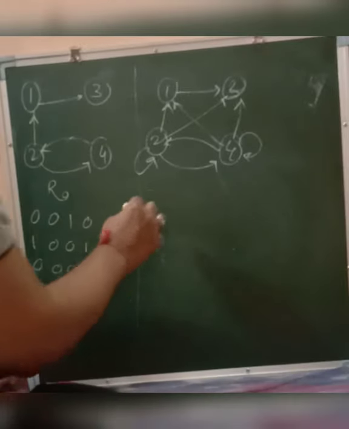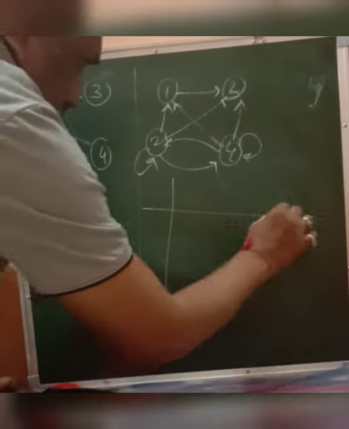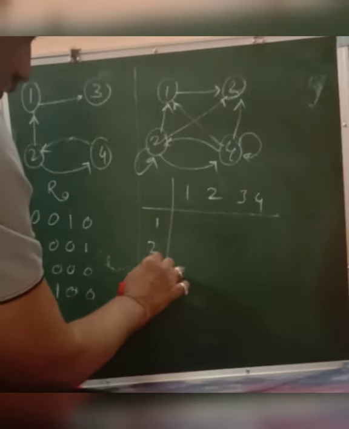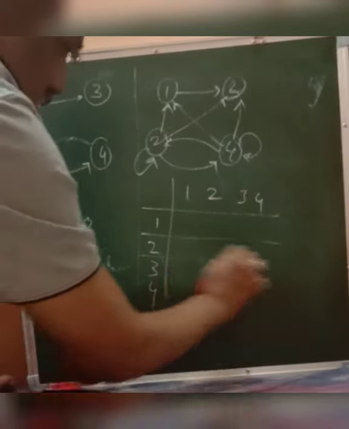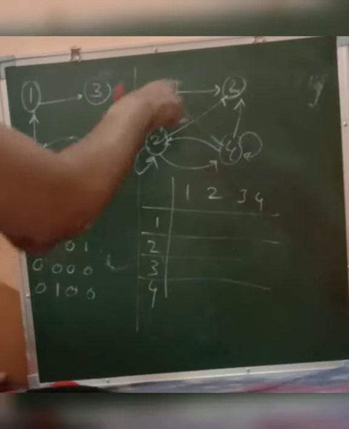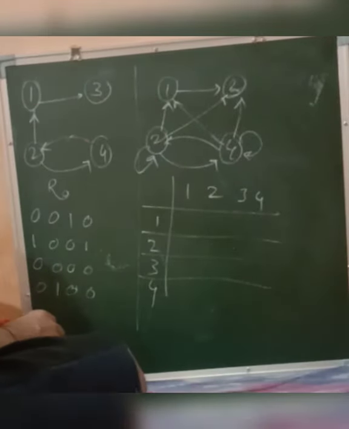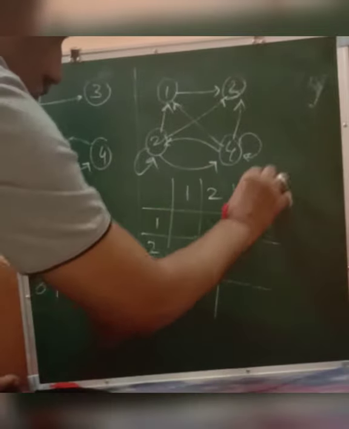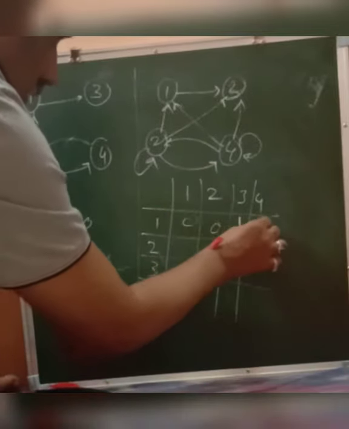Let us see now. Again we have to form the 1, 2, 3, 4 matrix. 1 is going only to 3, that's why it is 1, and the others are 0, 0.